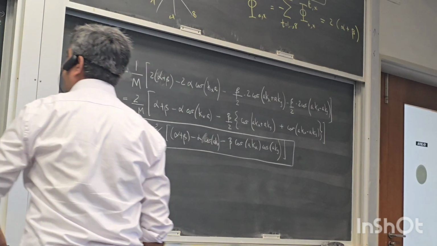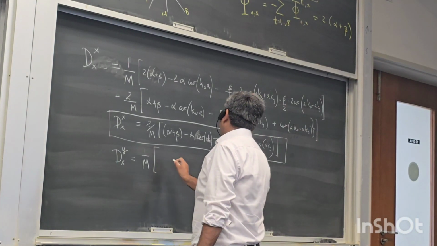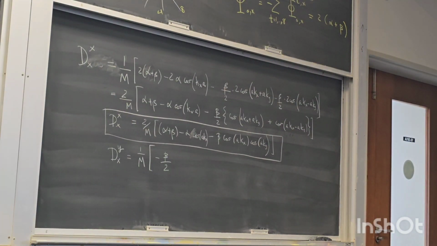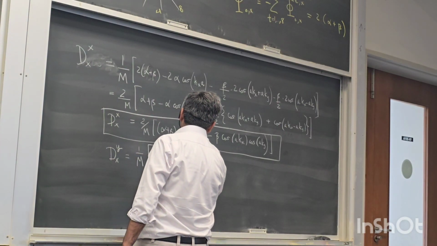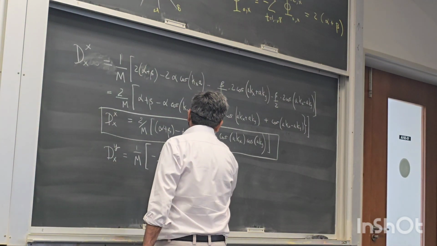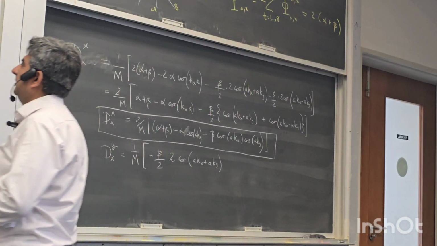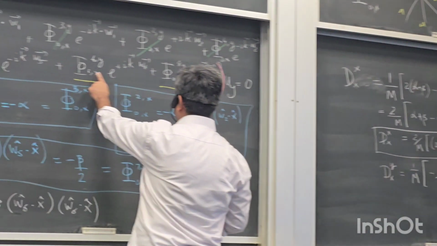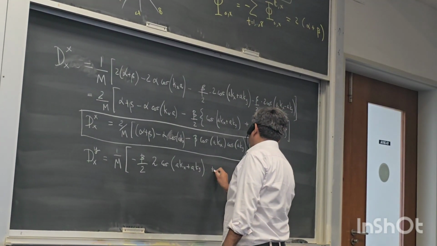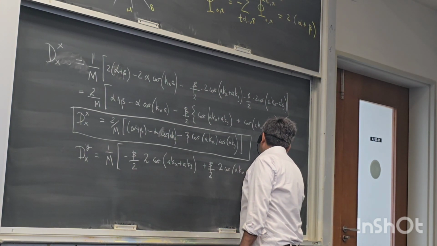Now phi x5y and phi x7y are minus beta by 2, 2 times cosine of akx plus aky, and from phi x6y, I get plus beta by 2, 2 times cosine of akx minus aky.